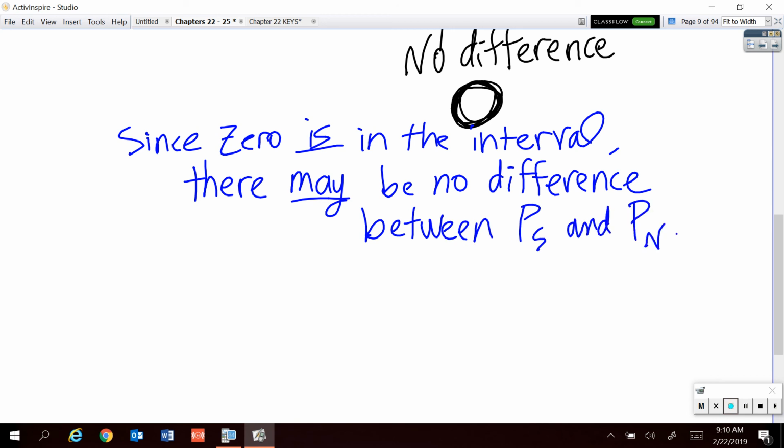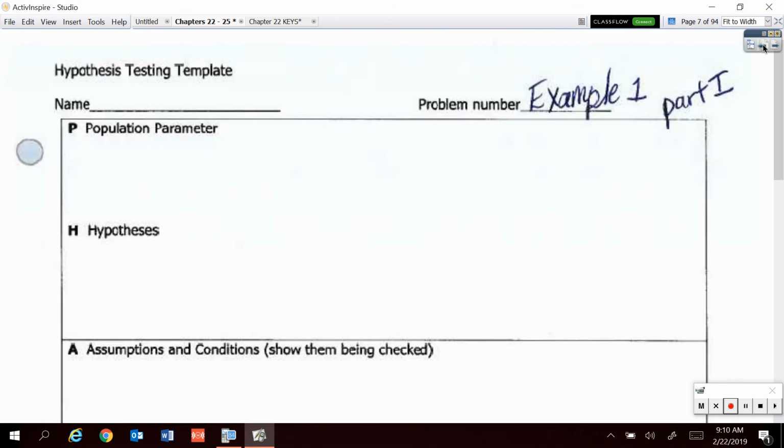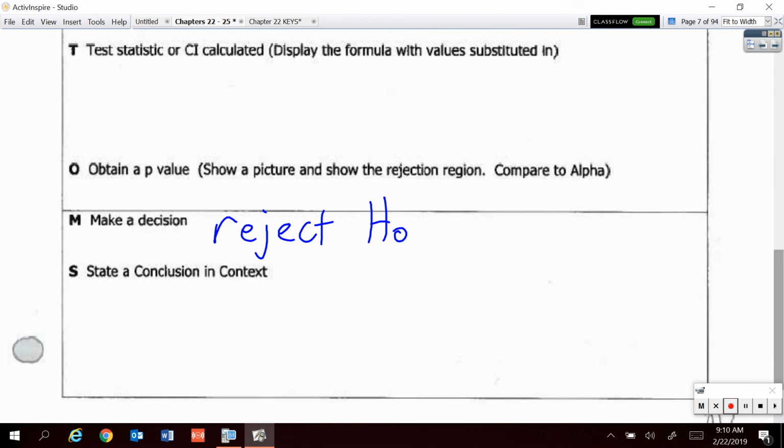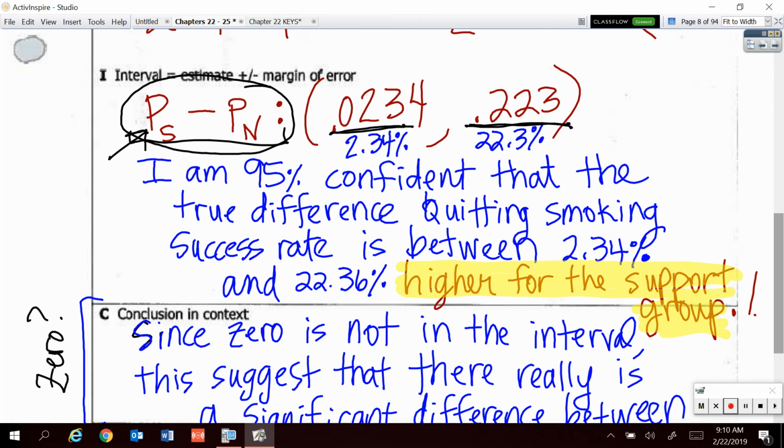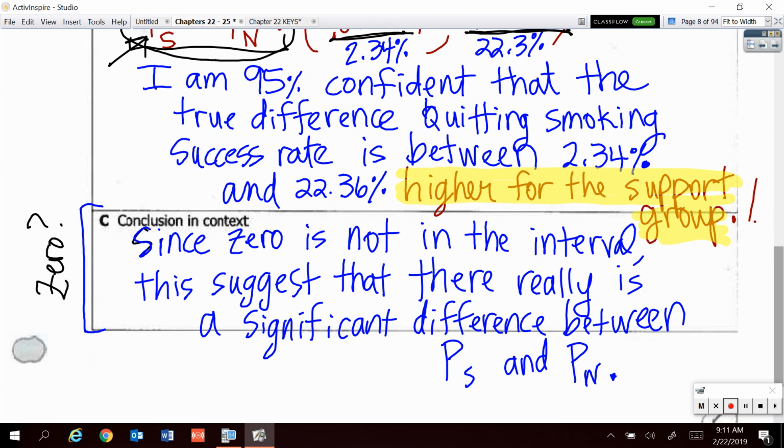Okay, very good. So let's make a connection here from the test to the interval. You remember you said that yesterday's result was to reject H0? Well, guess what our interval did? It was completely above 0. Our interval was completely above 0, and we had evidence to suggest that there really is a difference.